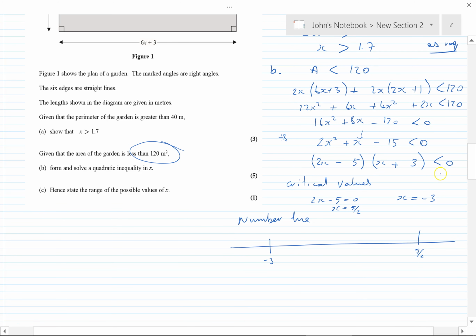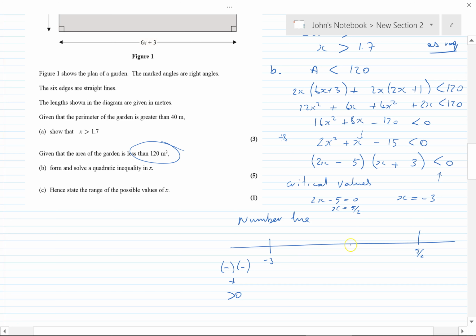Basically we want it to be less than 0. So let's have a look. If the number is less than minus 3, we'll find that both of the brackets are negative. You can make one up if you want. Minus 4, for example. Minus 4 would make both of these brackets negative. So the whole thing would be positive, greater than 0, which is not what we want.